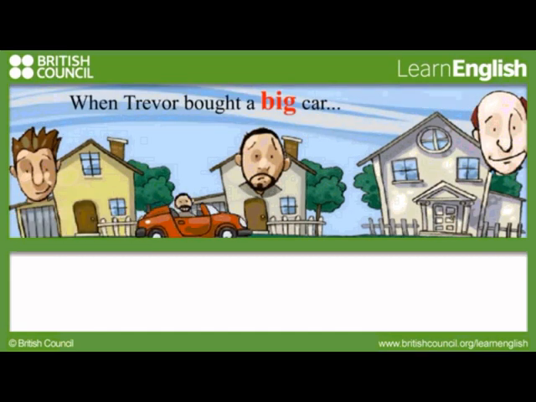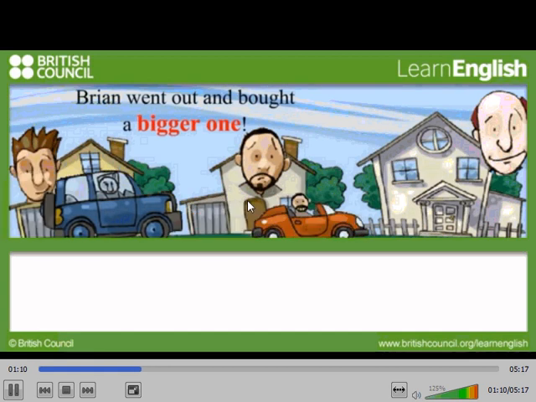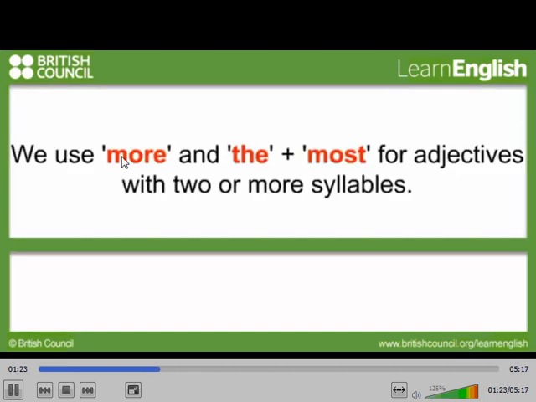Trevor bought a big car. So this is a big car for Trevor. This is an adjective. Bigger. So I'm comparing between two now. Bigger car, I put er. Brian's car was the biggest. Brian has the biggest. We add the plus est.